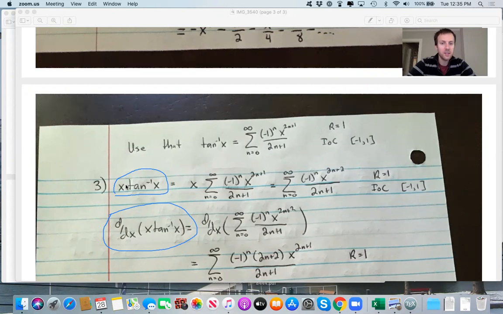And when we take a series and we just multiply it by an extra power of x, the radius and interval don't change.